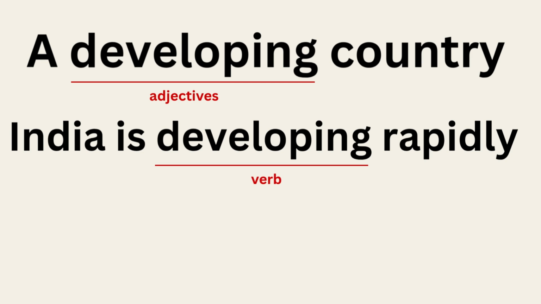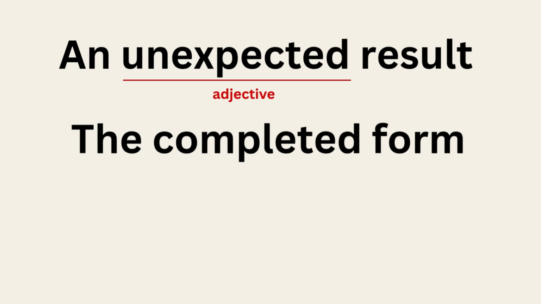And exactly the same thing can happen with a past participle. For example, an unexpected result. Unexpected is describing the result. So it's an adjective. And the completed form. Completed is describing the form. Again, adjective.